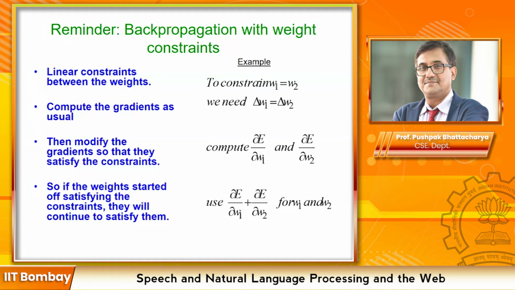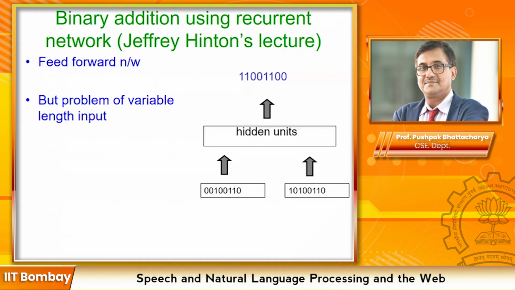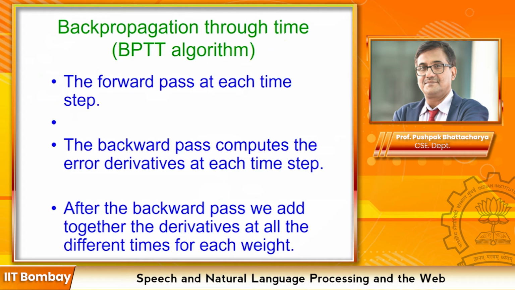Okay, so how do I train the network when we have this unfolded RNN behaving like a feed-forward network? There we have to make use of what is called the BPTT algorithm, backpropagation through time. The forward pass is at each time, and the backward pass computes the error derivative. After the backward pass, we add together the derivatives at all the different times for each weight.